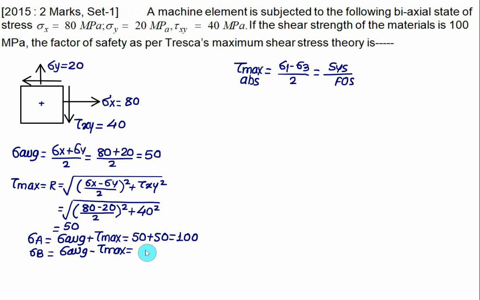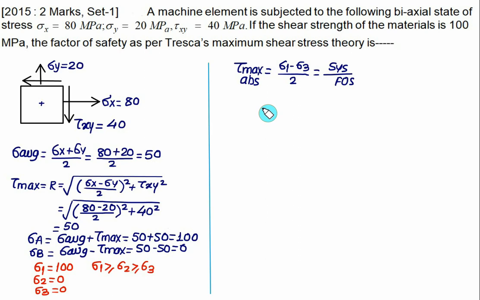We will get 50 minus 50 equal to 0. The highest value is 100, so sigma 1 will be equal to 100. Sigma 2 will be equal to 0, and the value of sigma 3 will also be equal to 0. Check our sequence: sigma 1 must be greater than sigma 2, which must be greater than sigma 3.